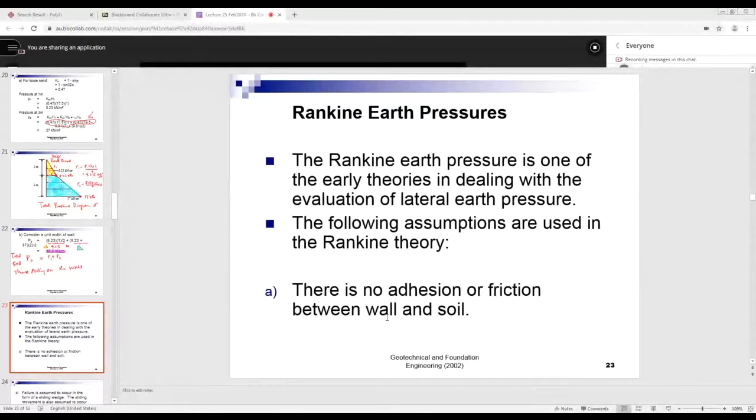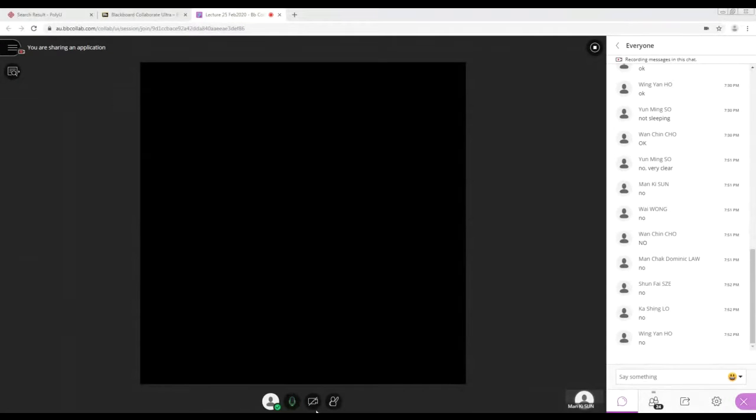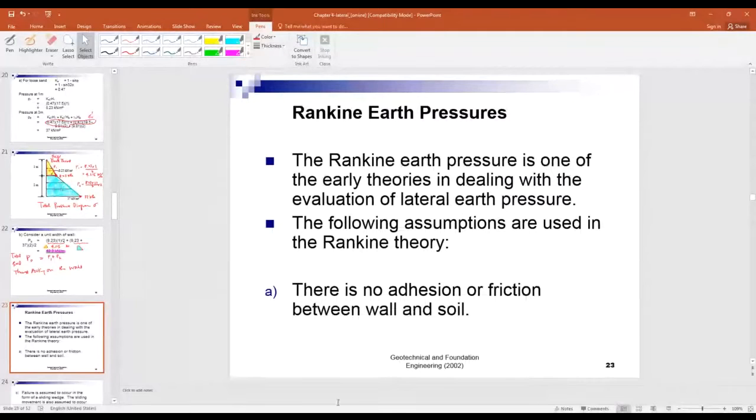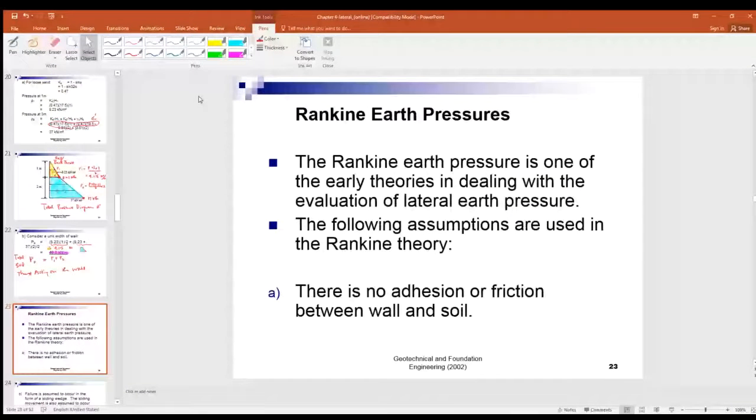First of all, no adhesion between the wall and the soil.